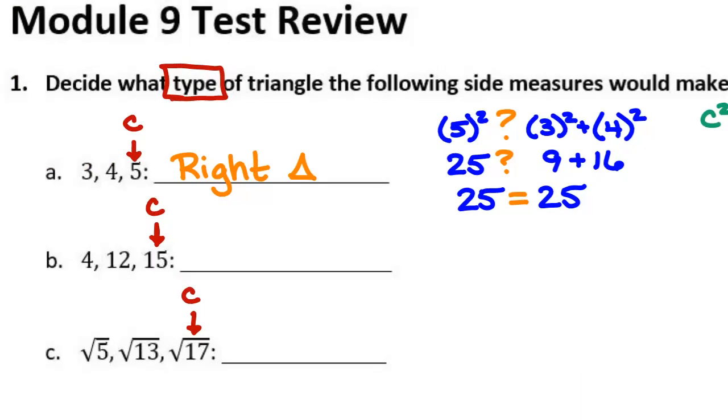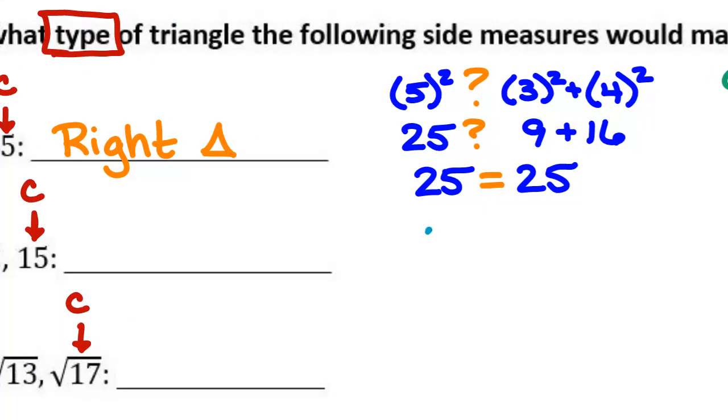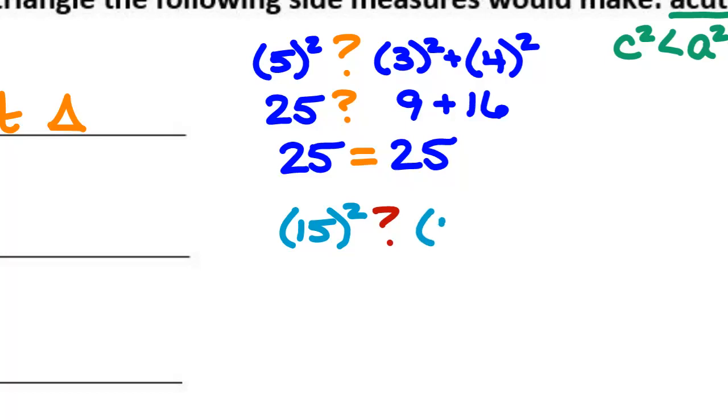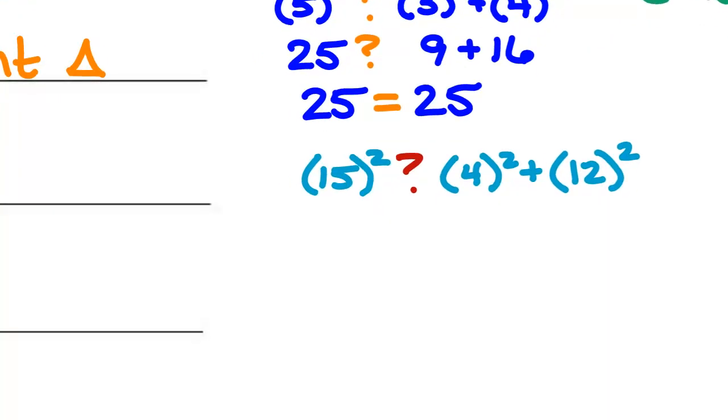All right, then we do the exact same thing on part B. We take C, which is 15, and we square it. I don't know yet whether that's greater than, less than, or equal to, so I'm going to put a question mark there. And then we take the 4 and the 12, we square them both, and we add them together. What is 15 squared? 225.